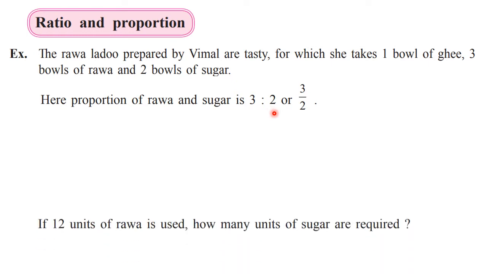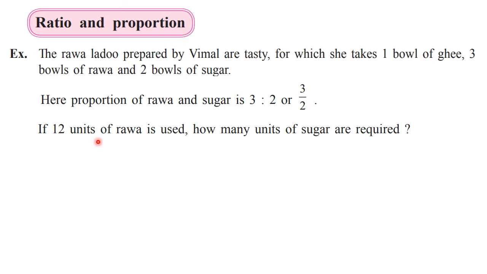Like take the example here: if 12 units of rava are used, how many units of sugar are required? So we know the ratio and we know one quantity, that is rava, and from that we can find out the second quantity, that is sugar.